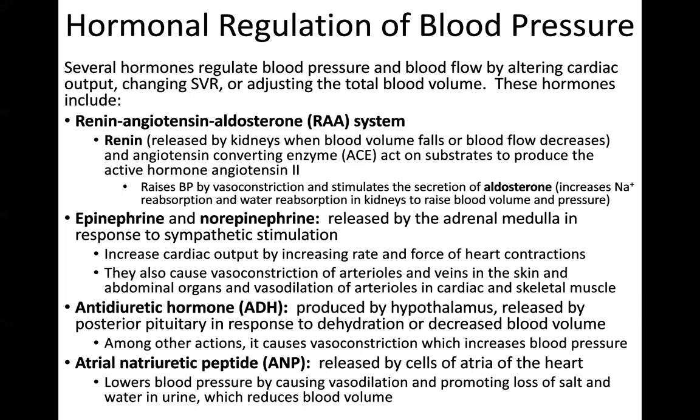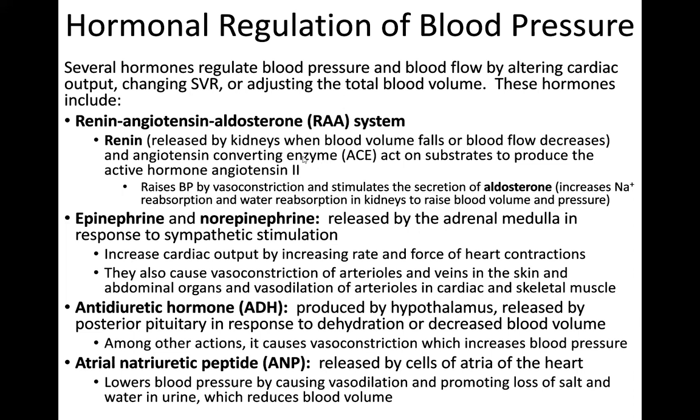Okay. So it includes the following hormones. The renin, angiotensin, aldosterone system I'll talk about first is going to involve a very complicated series of events. I kind of introduced this to you guys back in the endocrine lecture, where we have influences occurring with the kidneys, which is where we produce the enzyme renin whenever our blood volume falls or blood flow decreases.